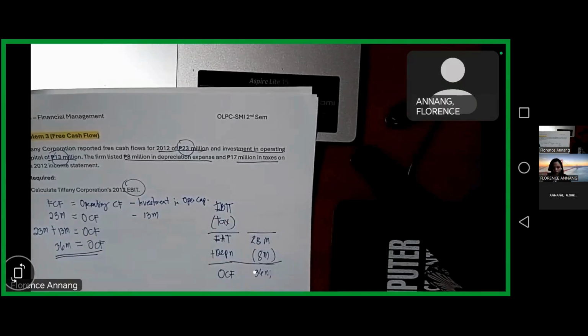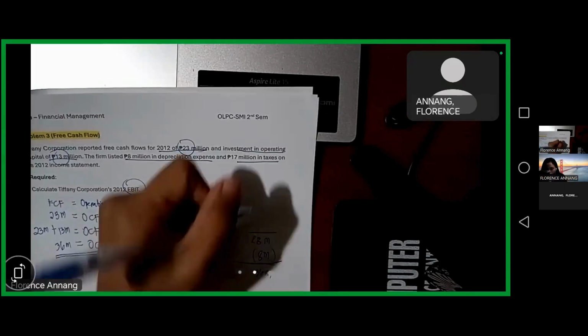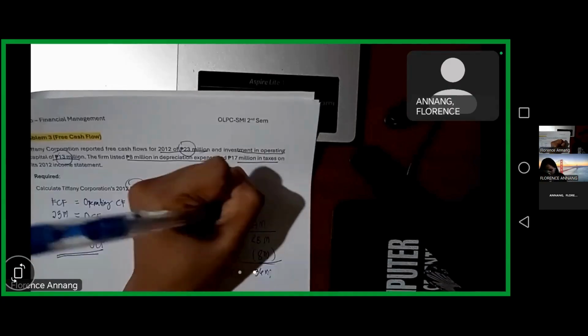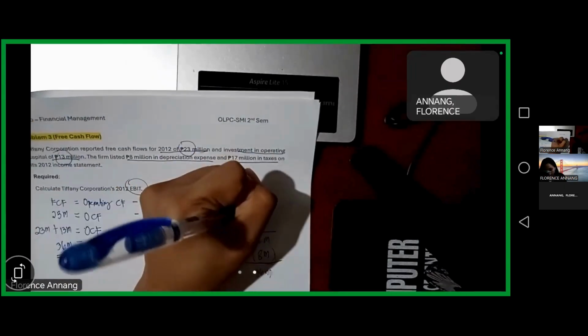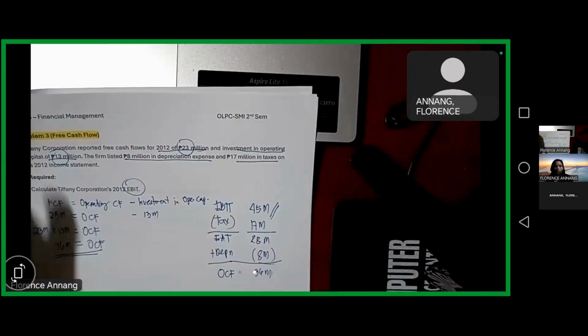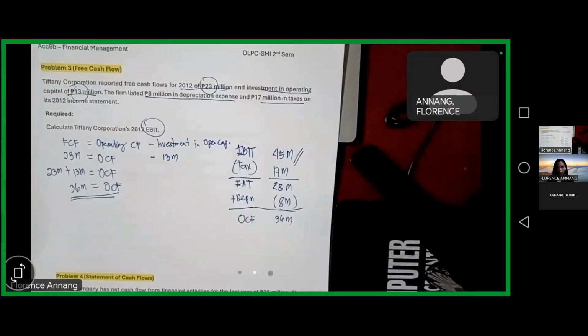Because we reverse the operation. Pag nag-work back tayo, how much is the tax? 17 million. So 28 million plus 17 million, you get 45 million na EBIT. Okay? So that's very simple. You just need to work back, and when you work back, you reverse the operation.